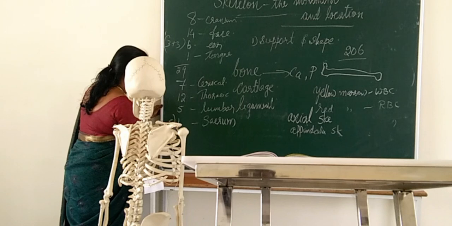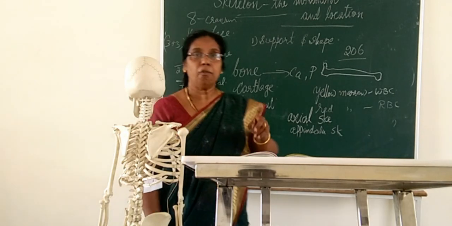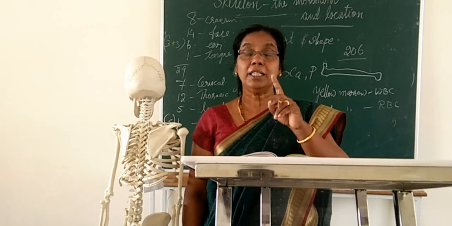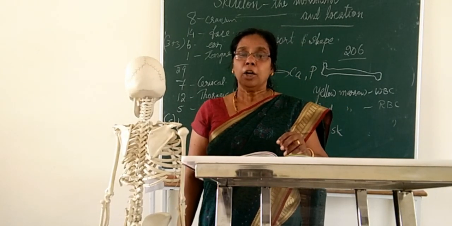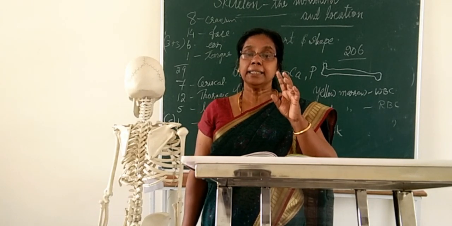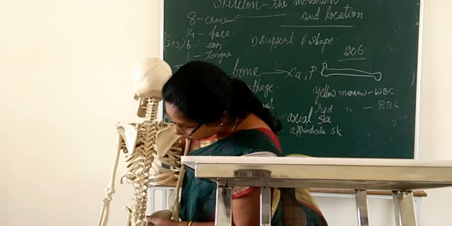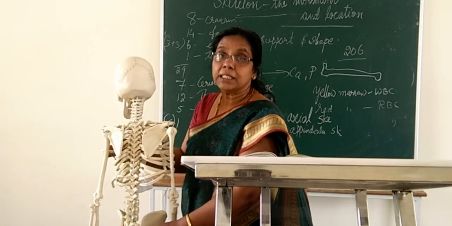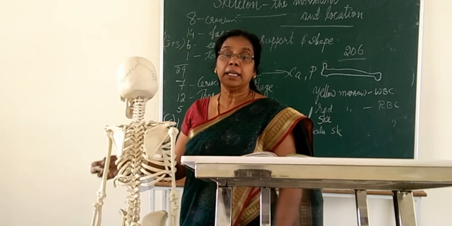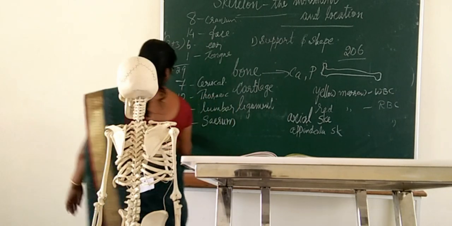Here 5 bones are combined to form one bone, called what? Sacrum. And the last one is called the coccyx, that is 4 bones fused together. You can see the coccyx here. How many bones fused together? Yes, 4 bones fused together.